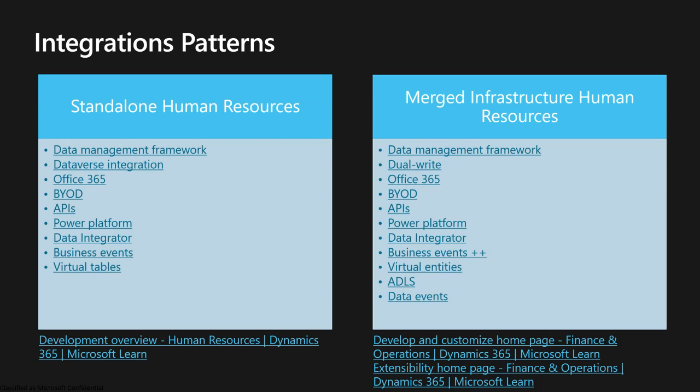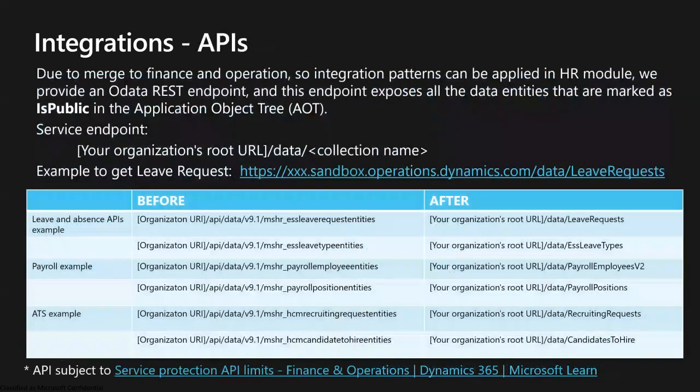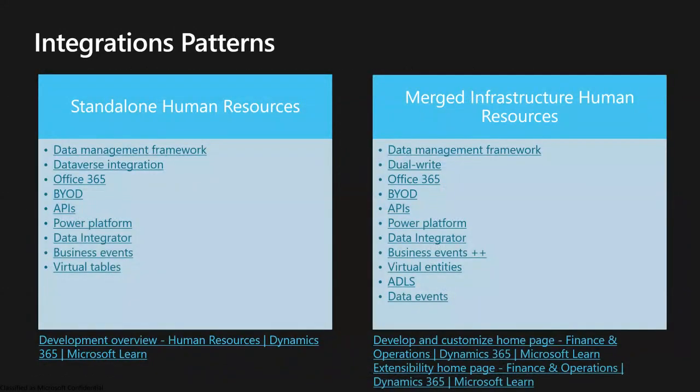And regarding the dataverse integration in standalone, the dual-write can be used in the merged infrastructure human resources, but we highly recommend that customers start using the two-way integration, which provides the tightly coupled bidirectional integration between the merged infrastructure and the dataverse.